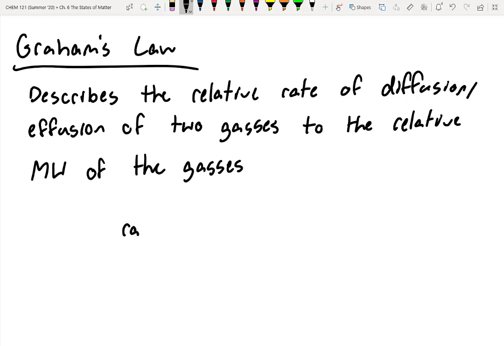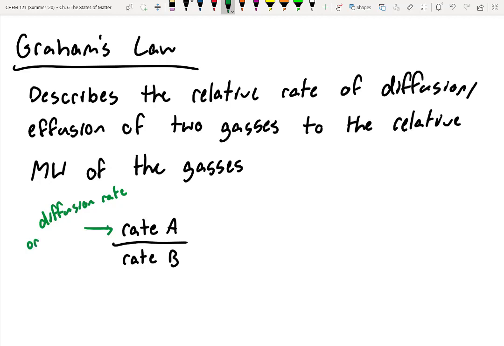So rate of gas A relative to the rate of gas B, and this rate could be for diffusion or it could be effusion. Doesn't really matter which one. It works for both of these equally well. And these rates can be presented as a ratio, just like we've been talking about.